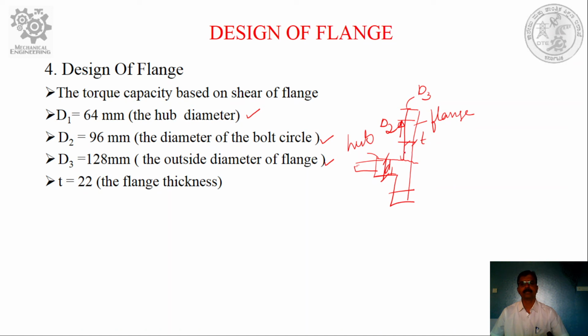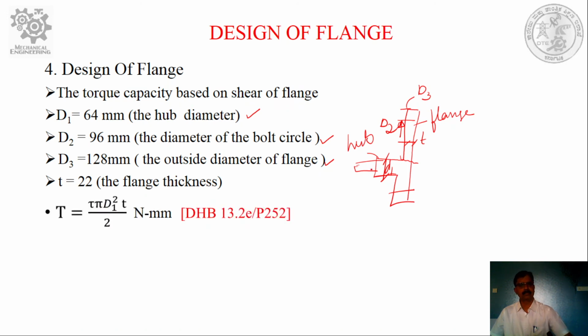Now the area resisting that shear, into the force, gives the torque transmitting capacity. From the formula, the torque transmitting capacity of this flange is T is equal to tau into pi into D1 square into T divided by 2.